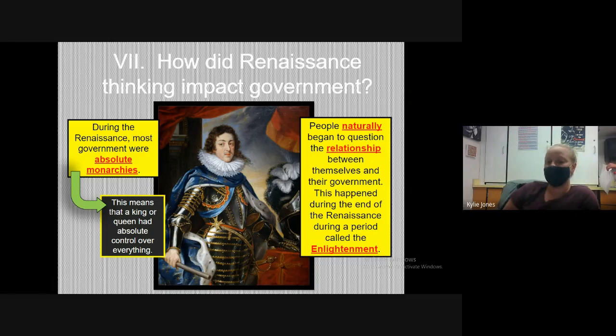This happened during the end of the Renaissance during a period called the Enlightenment. So basically, people wanted to question the fact that the king had absolute power and they had no power at all. They started questioning, why is it like this? Why do I have no power to do anything in the government? And during that time, it was called the Enlightenment.